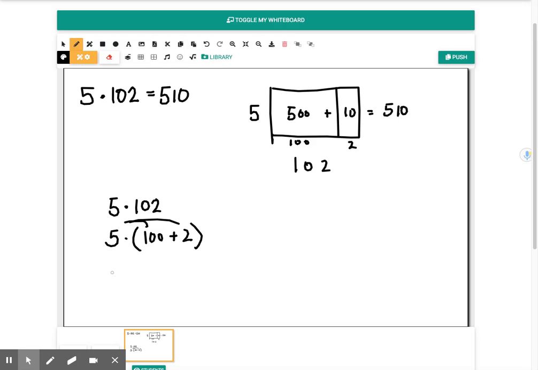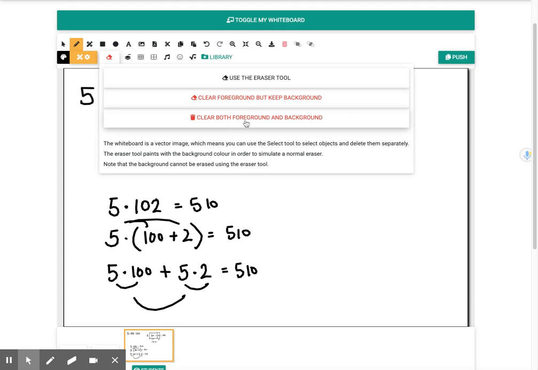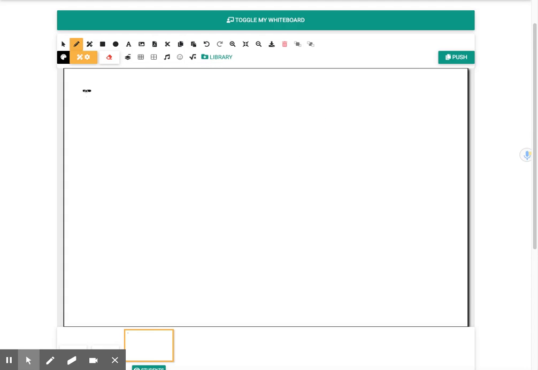Or I can see this as 5 times 100 plus 5 times 2. And remember, multiplication goes first before you add. So what you have to do is multiply these two, and then add those two. Okay? So you get 510 here. You should get 510 and 510. So these are the ways you write it numerically.